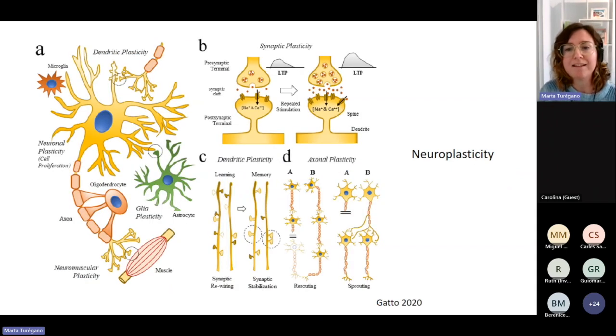And last but not least, although the system seems to be rigid because there is no division in the neurons, they allow neuroplasticity. They are a very dynamic system because they need to be plastic in the dendrites, because they need to generate new spines or to eliminate some spines.